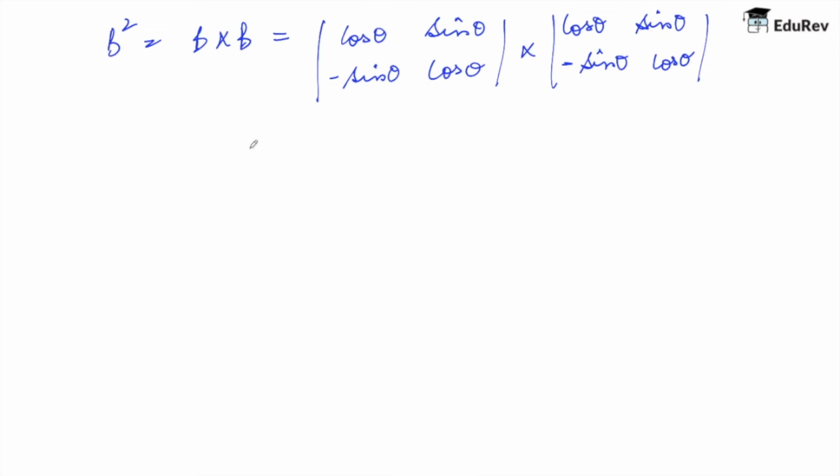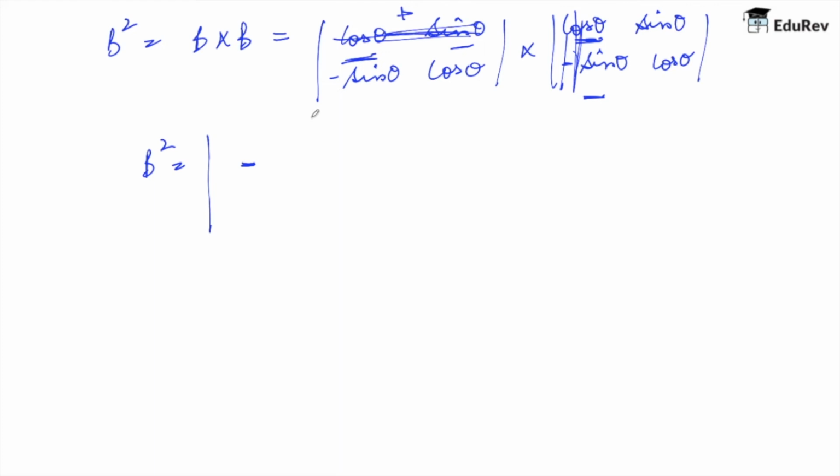Correct? So now I need to find out what is B square. So remember that when I want to find the first place, as I've told you in the previous question, I have to multiply and add this with this, that is first row with first column. So it's going to be cos square into cos square, then add sine square into minus sine square. And similarly, all these additions are going to happen.